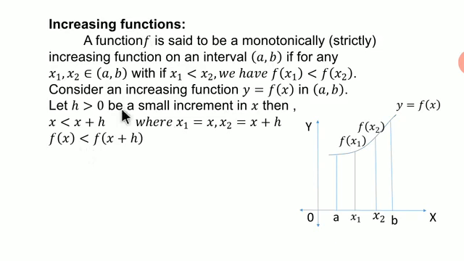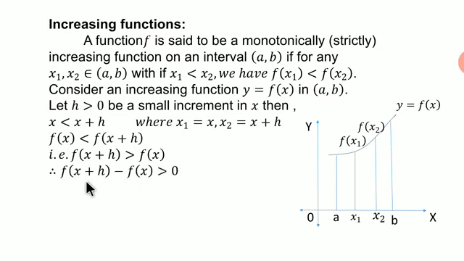So by using the definition of increasing function, f of x is less than f of x plus h. So f of x plus h minus f of x is greater than 0. Therefore, f of x plus h minus f of x divided by h is greater than 0.